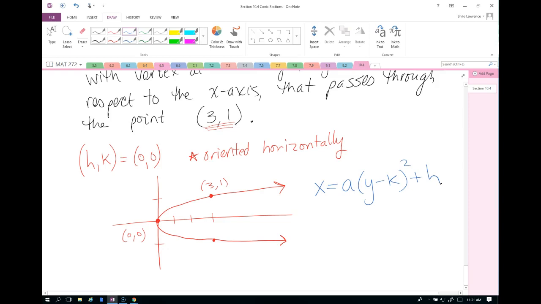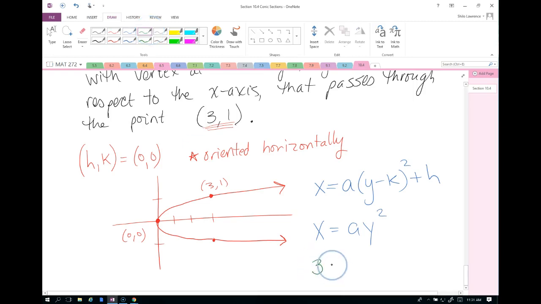We know that (h, k) is (0, 0), so that's going to simplify this thing down to x equals a y squared, because the k zeroes out and the h zeroes out. And now we can use that (3, 1) point to plug in for x and y so that we can solve for the a.